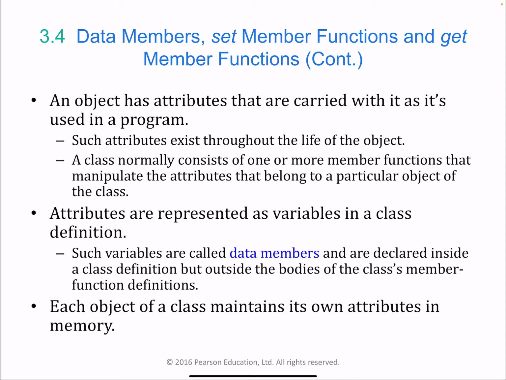Objects have attributes, and like I said, those attributes exist for as long as the object itself exists. Member functions are usually how you access those data members of a class and how you manipulate, update, change the values of those data members.